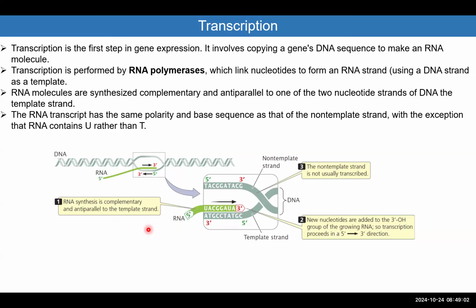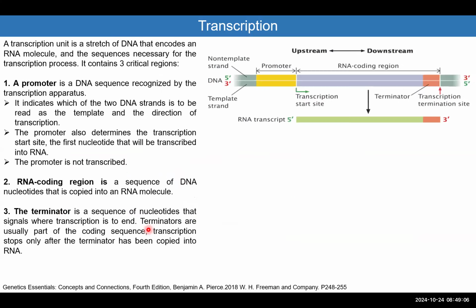Okay? Let's dive a little bit more into the steps. So what do we need in order to perform the transcription? And why does transcription happen in certain areas or stretches of the DNA? And what are the requirements for the transcription? So in order to perform a transcription, we need transcription machinery, of course, or a transcription unit.